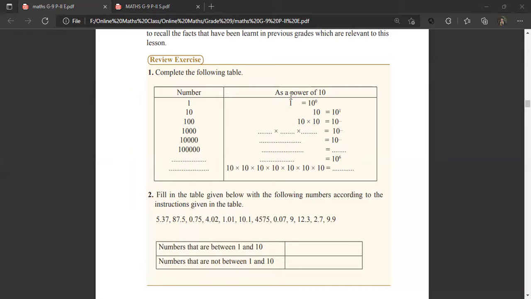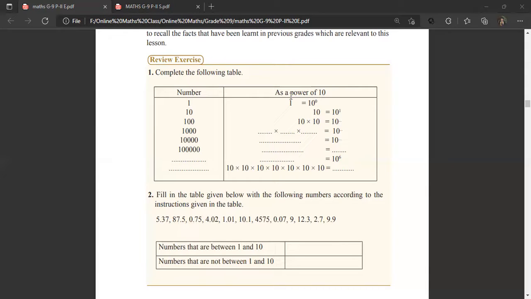Then 10 to the power 6 has been given. 10 to the power 6 means 10 into 10 into 10 into 10 into 10 into 10, 6 times. Then 1 what? First one is 100,000 now.